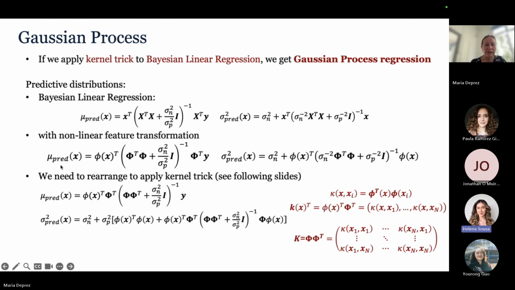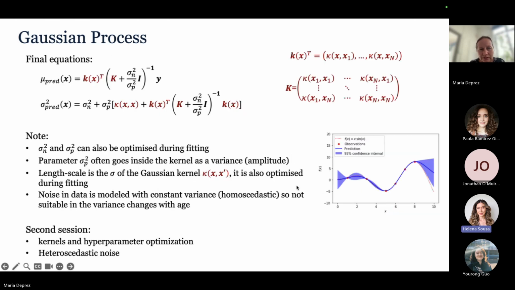The point is that we arrive at the same result. This is the same as the predictive distribution that we've got. I don't want to go through this equation, so I may come back to it later. I just want to go to the result now.